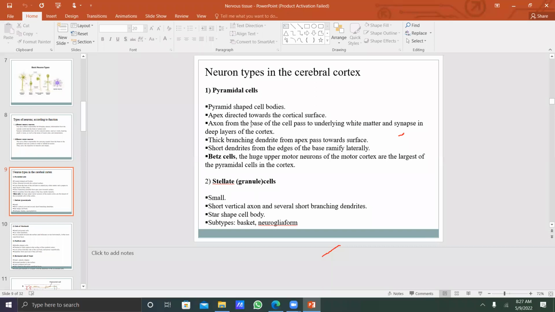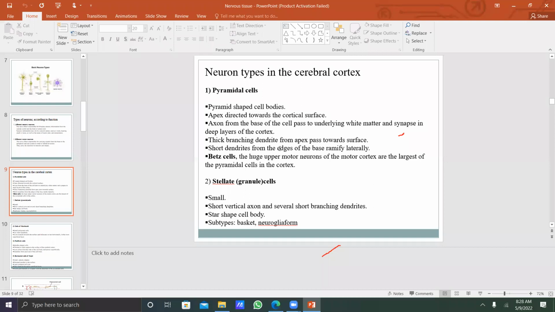And the base is directed toward the inner part. And there is an axon which starts from the base of the cell, and it passes on to the underlying white matter and synapses in the deep layers of the cortex. The apex is the place where a thick branching dendrite starts. So this dendrite passes towards the surface.